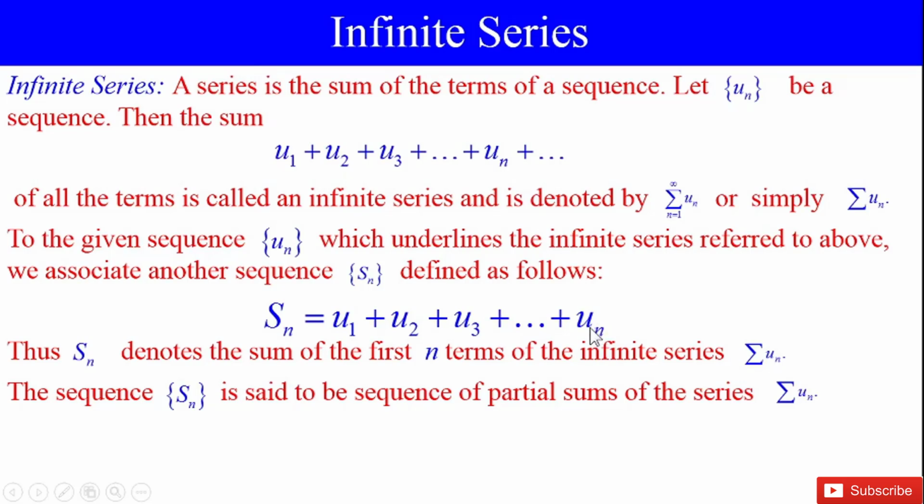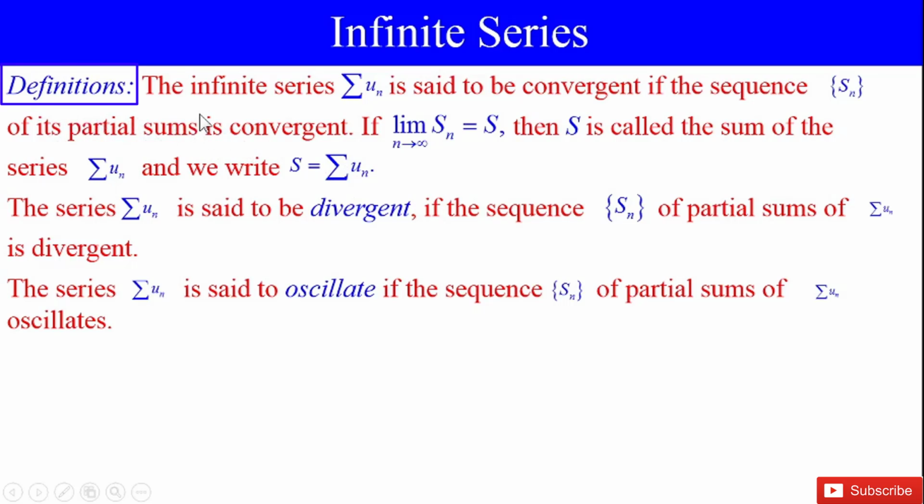That is, Sn denotes the sum of the first n terms of the infinite series sigma un. The sequence Sn is said to be the sequence of partial sums of the series sigma un.